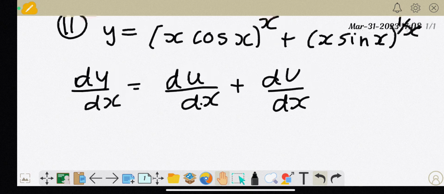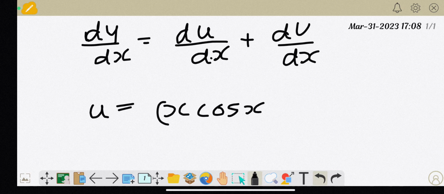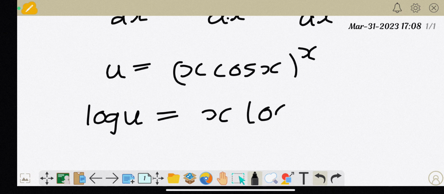Yeah. So next, u is equal to our first term, x cos x to the power x. Yeah. So apply log on both sides. So here x into log of x cos x.